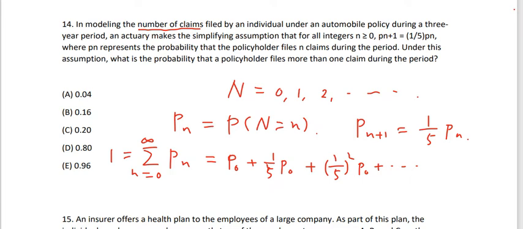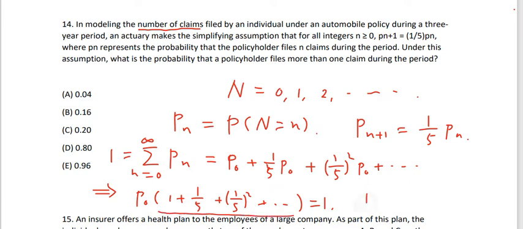Okay, so we can find P0. So we have P0 times (1 plus 1/5 plus 1/5 squared and so on), and this is 1. So we can find P0, right? Because this summation is P0 times 1 over (1 minus 1/5).